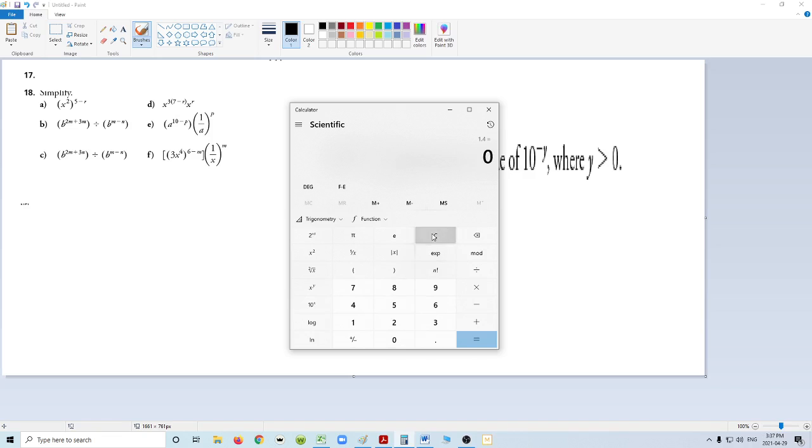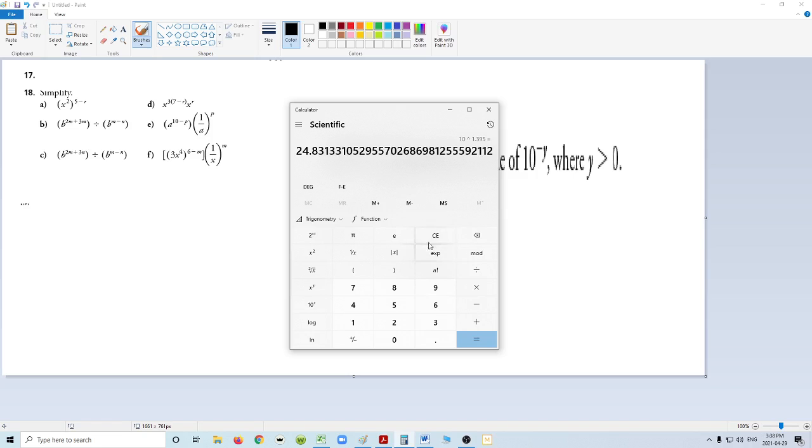I'm going to try again because I probably didn't do it right. 10 to the exponent of 1.4 is equal. There, very close, 1.4. So let's go a little bit lower. 10 to the power of 1.39. So right in between. So 10 to the power of 1.395.